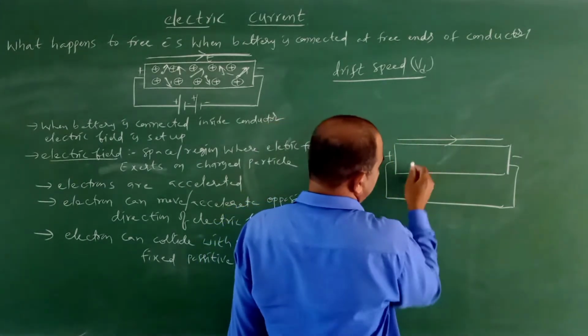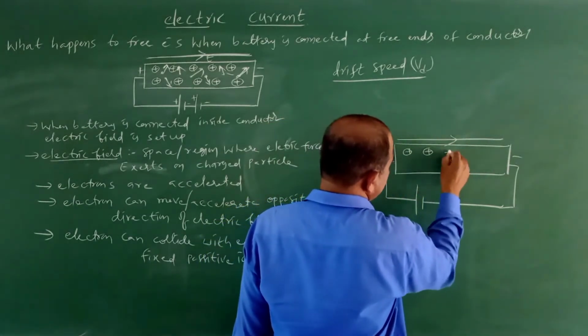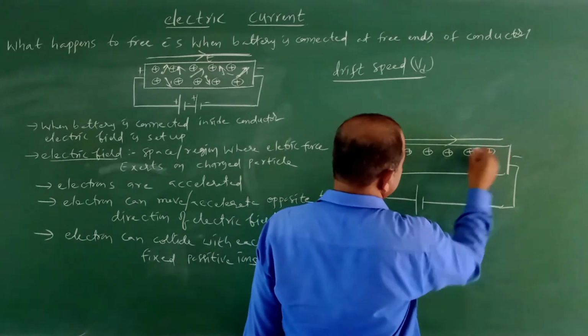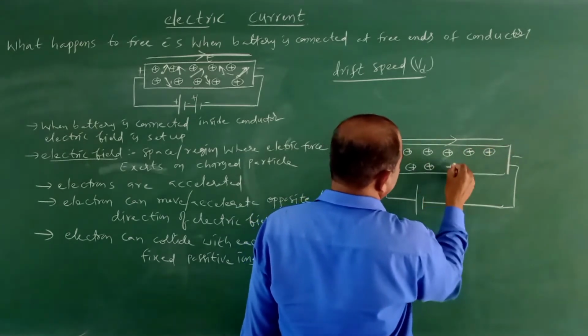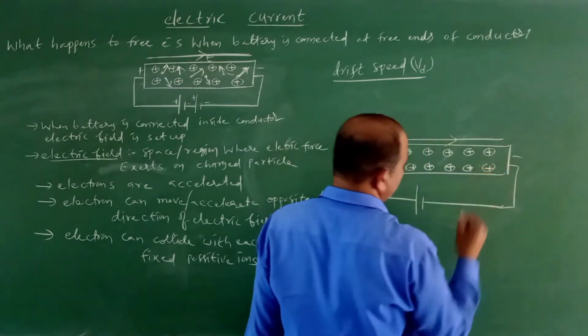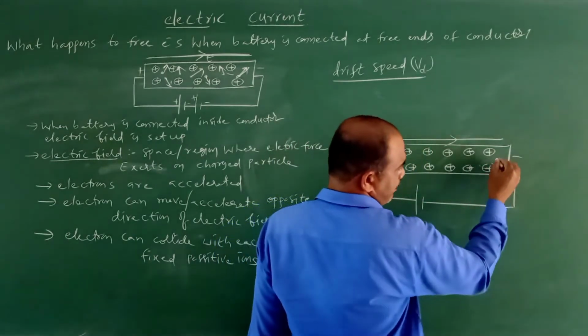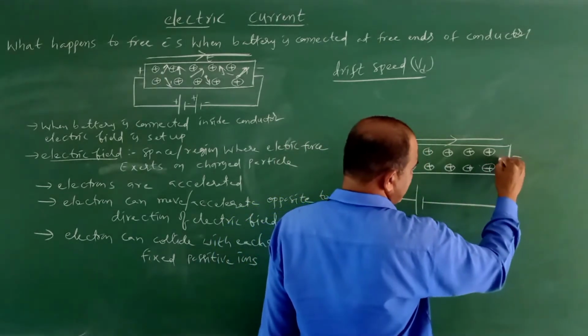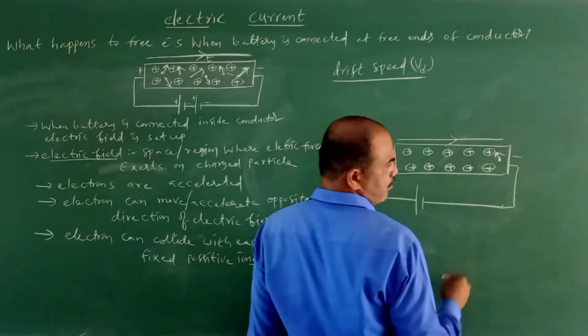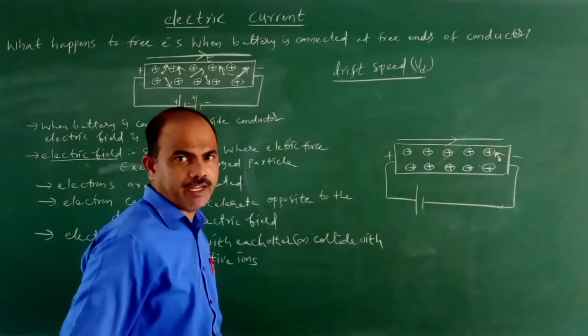Let us imagine these are the fixed positive ions. When the electric field is set up, I am taking one electron, for example this electron. In which direction can this electron move? Opposite to the direction of the electric field.